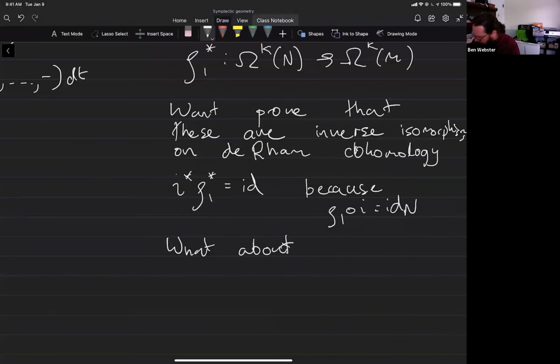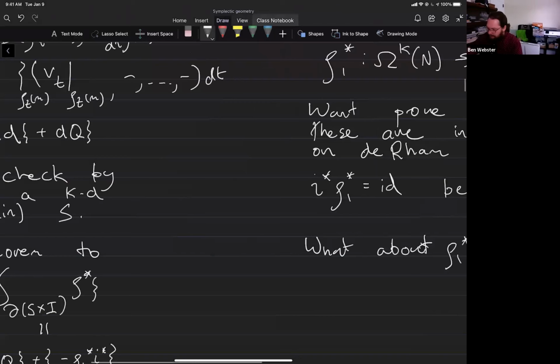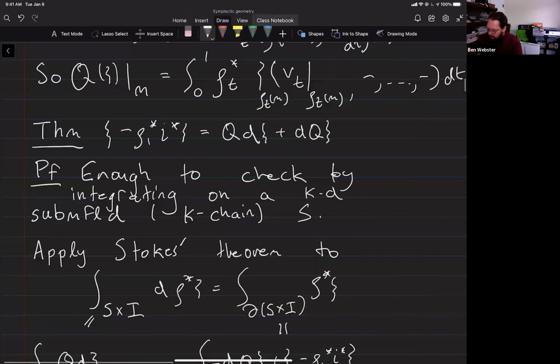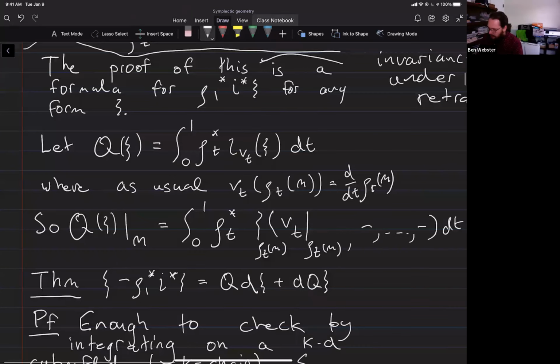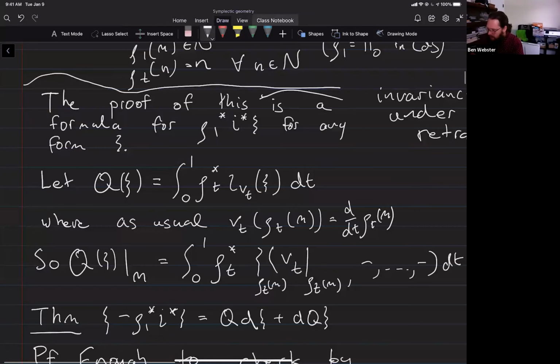What about when I do this in the opposite order? So I have to think about what composing these in the opposite order does. I have to compare this with C. And of course, they're not going to be equal. When I pull back to N, I lose information, right?